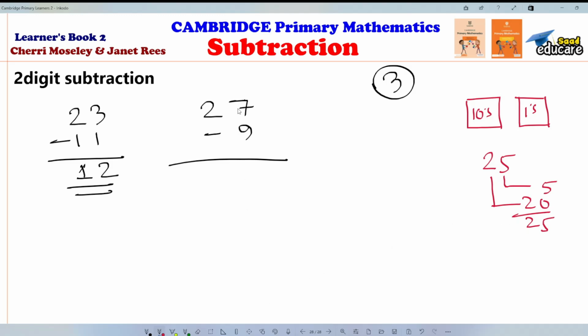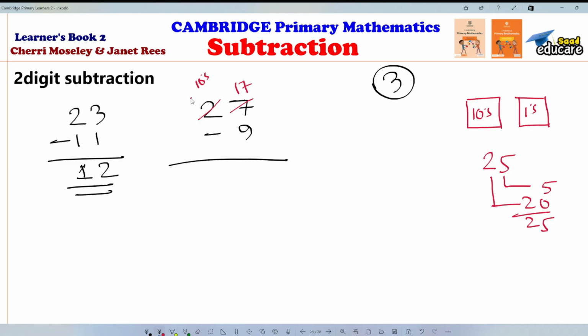So this 7 we need something. What? Suppose we can take from this 2. So 2 is a tens, right? This is a tens. So we take 1 from 2. So 1 means 10. So 10 plus 7, this one become 17, right?